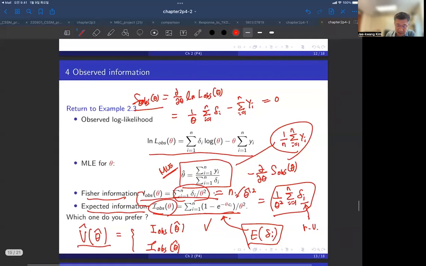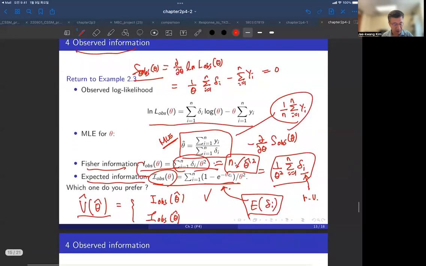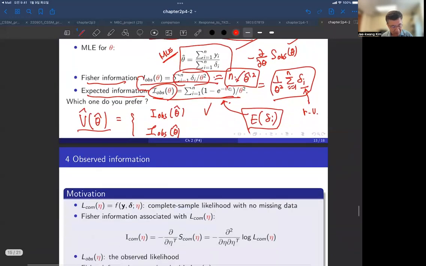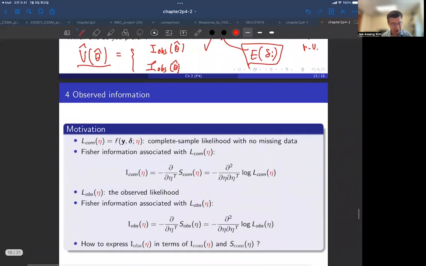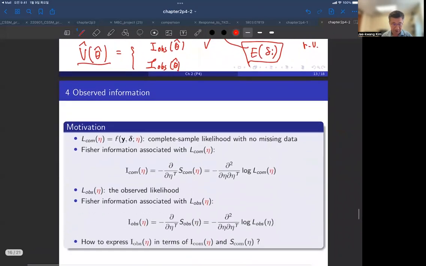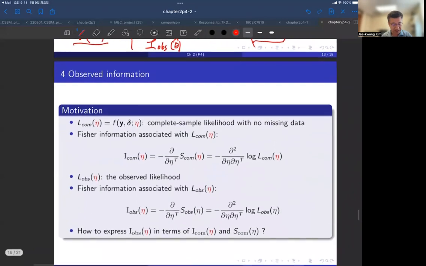And so it makes more sense to reflect the realized event rather than take the average over all possibilities. So that is why observed Fisher information is regarded as a better measure for computing the variance of the MLE. Okay, so that is the goal.